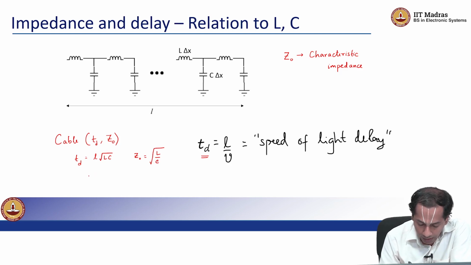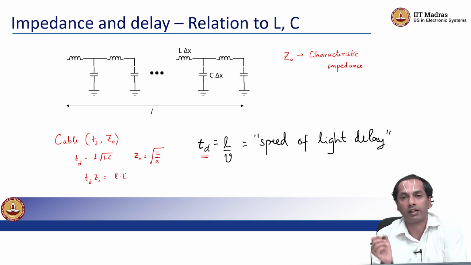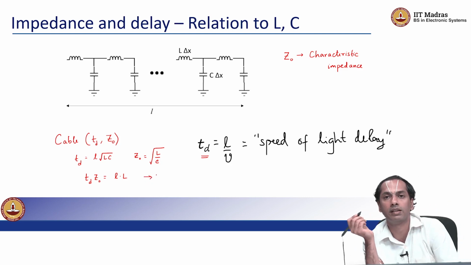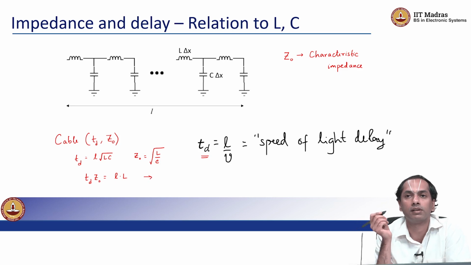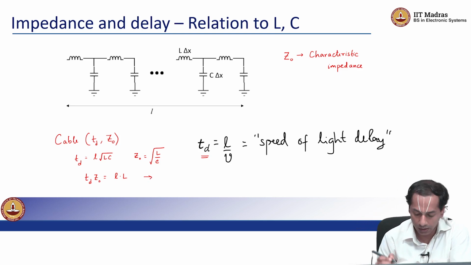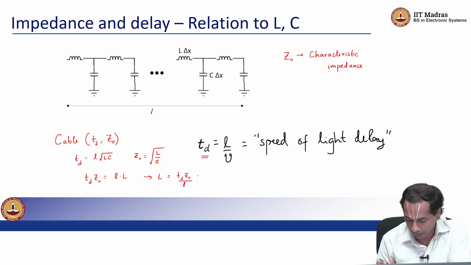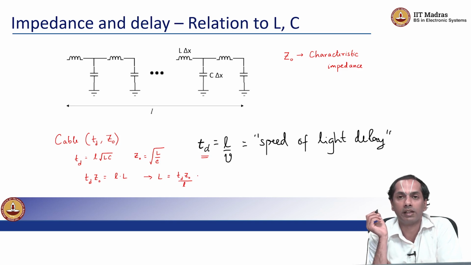So if I were to take the product of TD and Z naught, I essentially get L times capital L, right? So I can always go for a given cable whose length, speed of light delay and characteristic impedance are known. I can essentially estimate L by just multiplying TD and Z naught and dividing it by l.